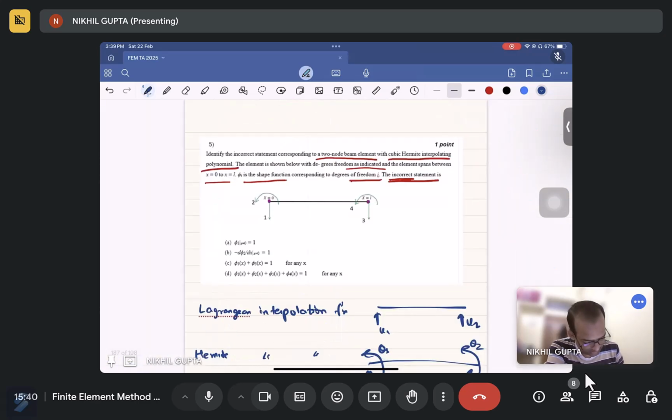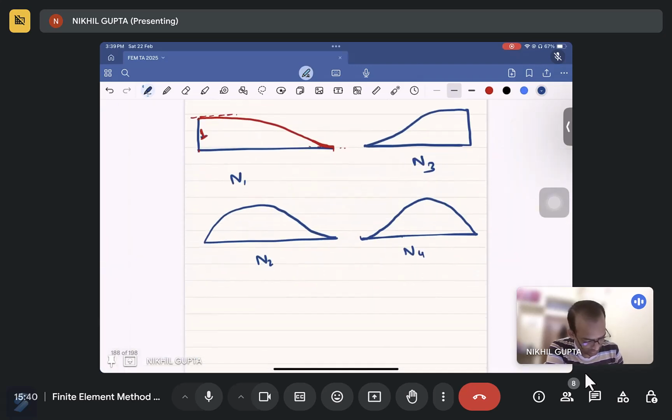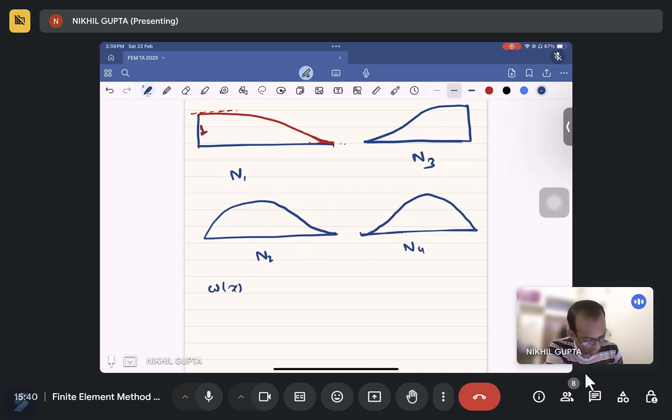It is saying how the shape functions depend. So let's write the displacement as phi 1 v1 plus phi 2 theta 1 plus phi 3 v2 plus phi 4 theta 2. This is one.